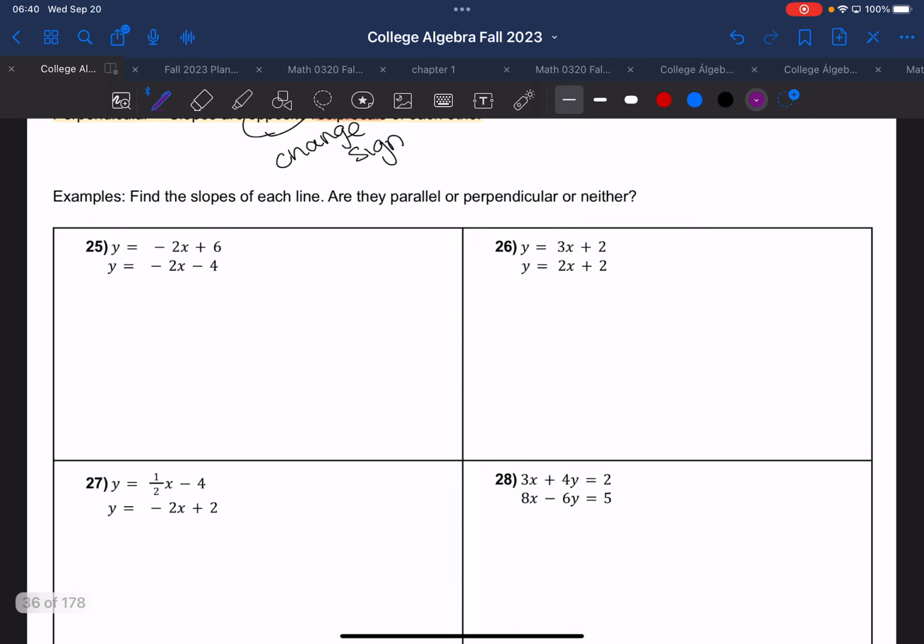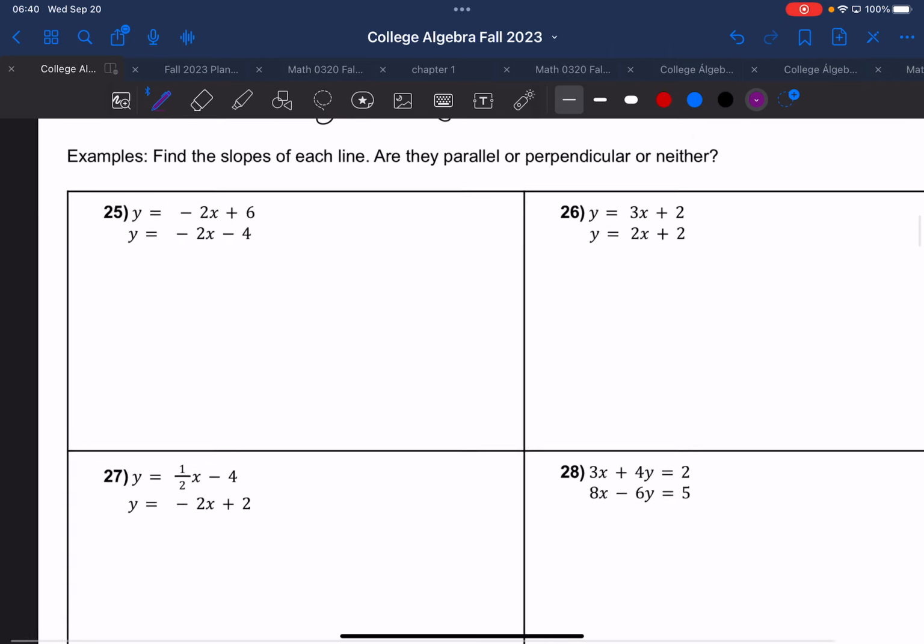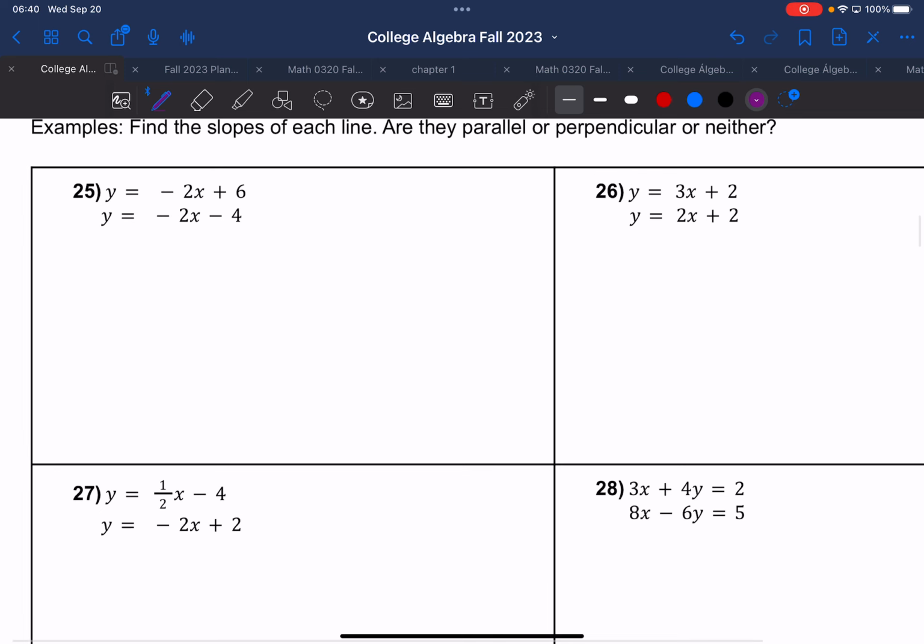On these examples, it wants us to find the slopes and then determine if it's parallel, perpendicular, or neither. Looking at number 25, these lines are both in what form? Slope-intercept. So that means we can easily find the slope because the slope is going to be in front of what?